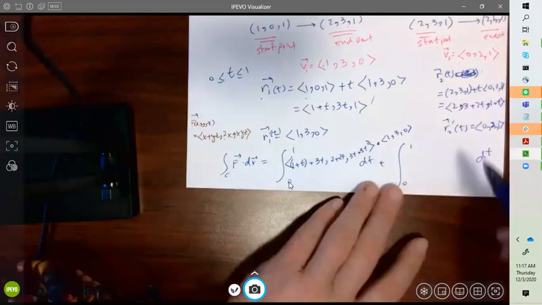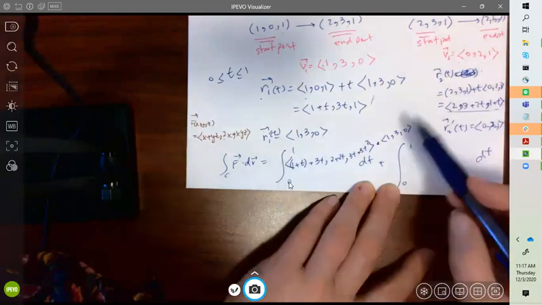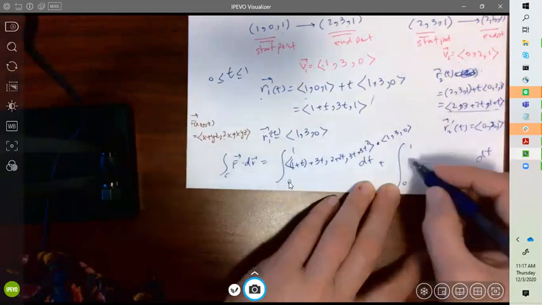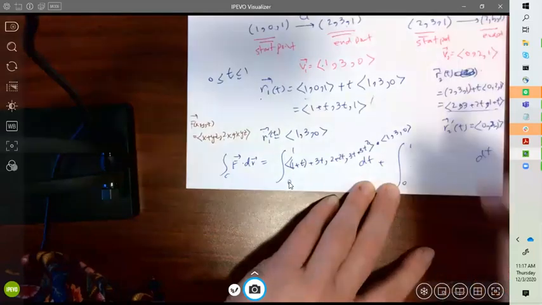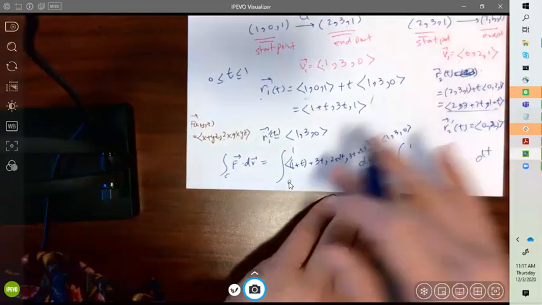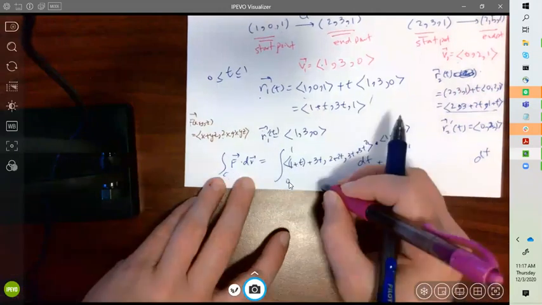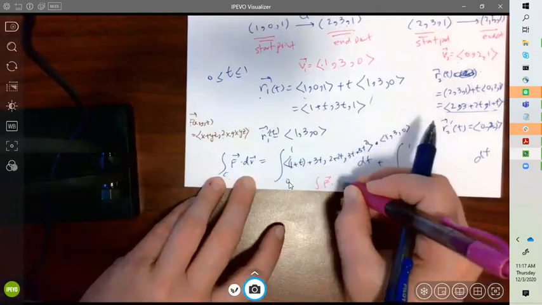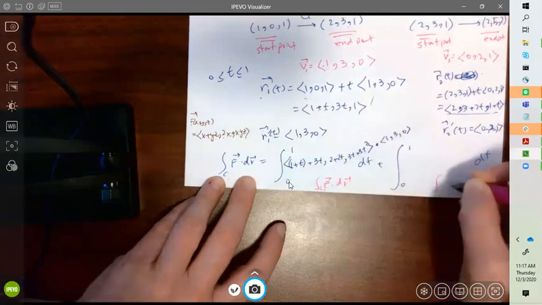And over here also plug in R2 of t, which is that. So this was basically C1, and this was C2. You break it down into that. So this entire thing is just over C1, and that one is over C2.